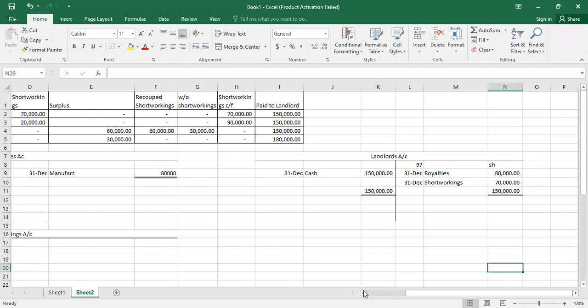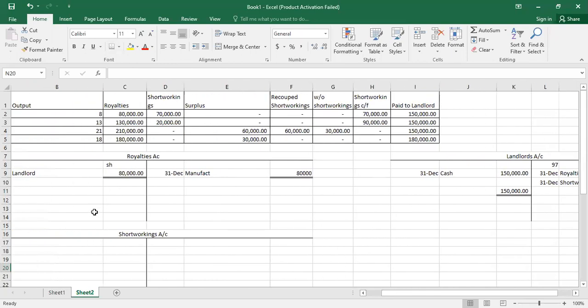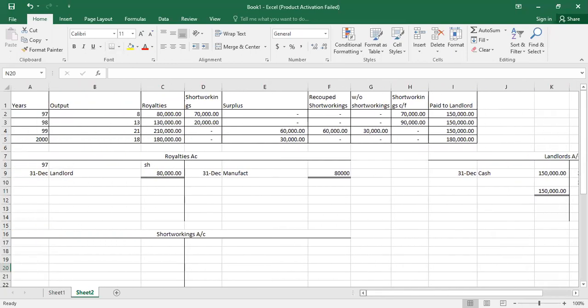So I'll come to the short workings account and do the entry. So I'm debiting the short working account. So on that 1st December of 1997, it's the year 1997. As at the end of the period, the shortcomings that we realized in the landlord's account was 70,000.